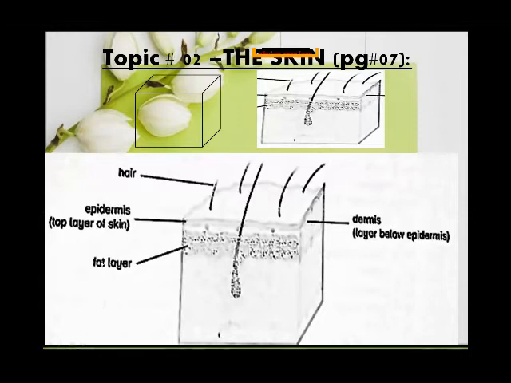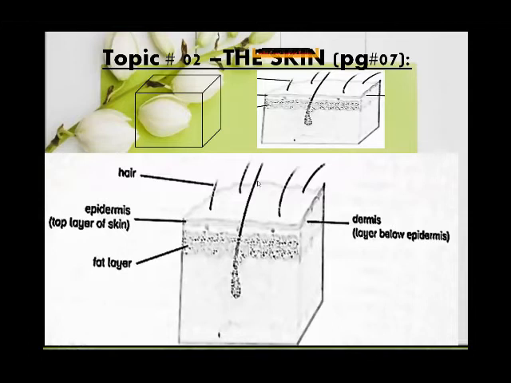This is the fat layer, F-A-T, fat layer. In all the parts you can use pencil, light shade or dots. This is the root hair, so you will draw it. Clear?